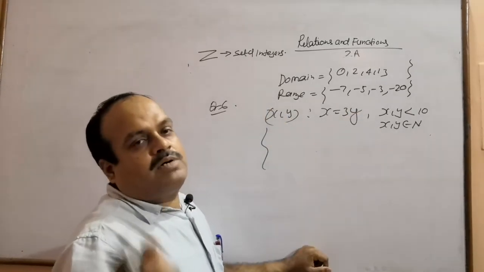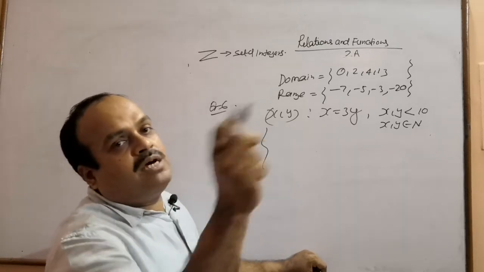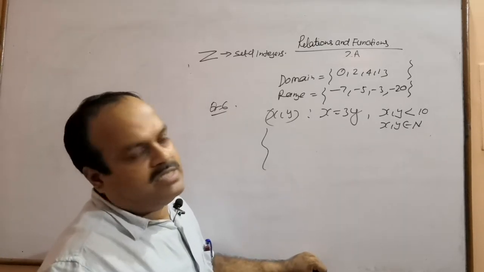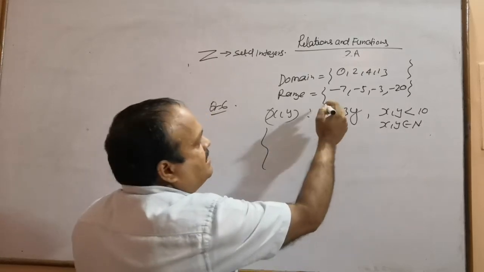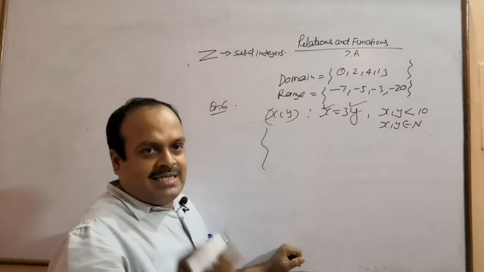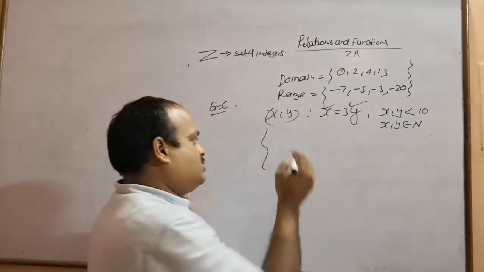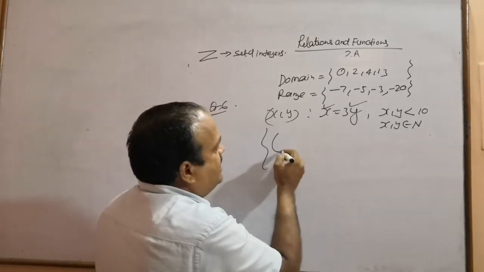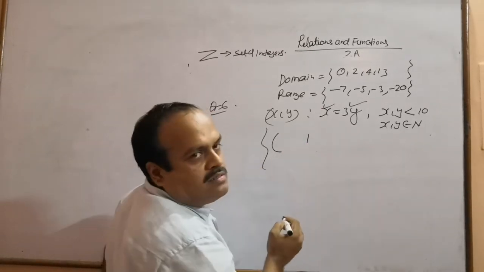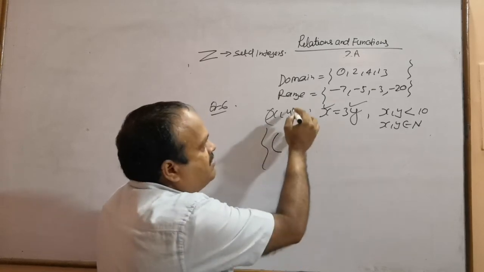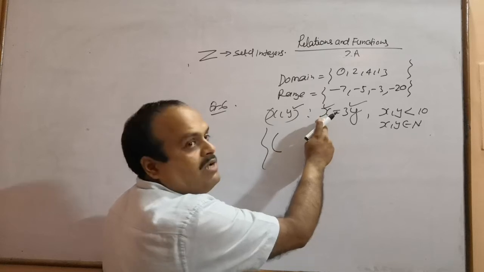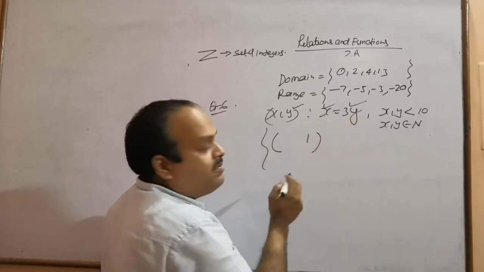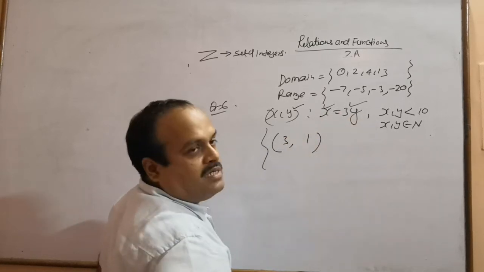Tabular form means such a form in which we write the numerical values of the elements. So x depends on y. So start giving the value of y as 1. When you give the value of y 1, the corresponding value of x will be 3 times of 1, 3.